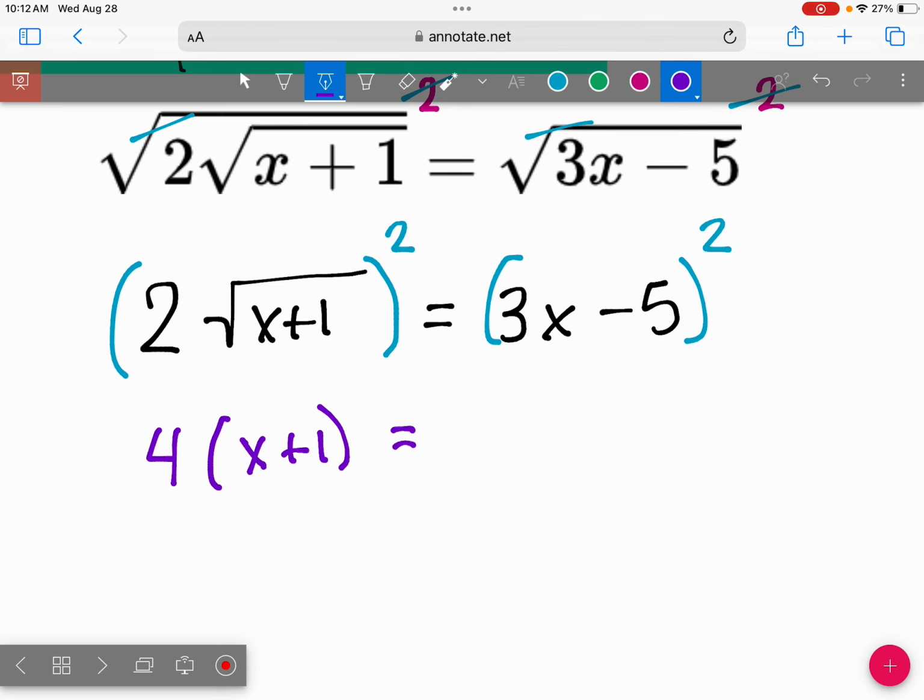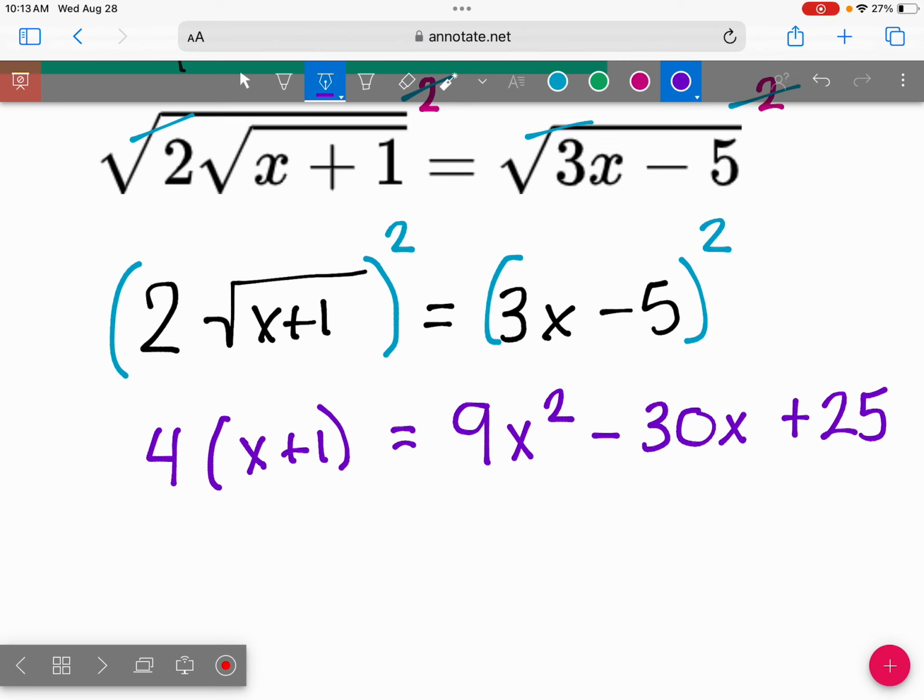The right-hand side, what are we going to get when we square 3x minus 5? 9x squared minus 30x plus 25. We got this. The minus 15, we combine them together.